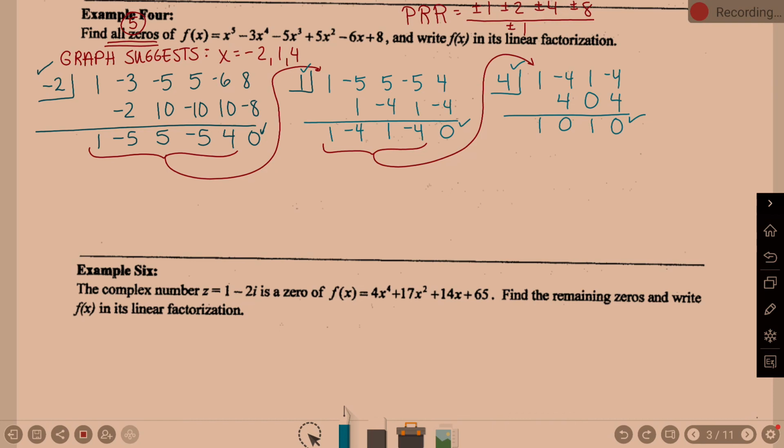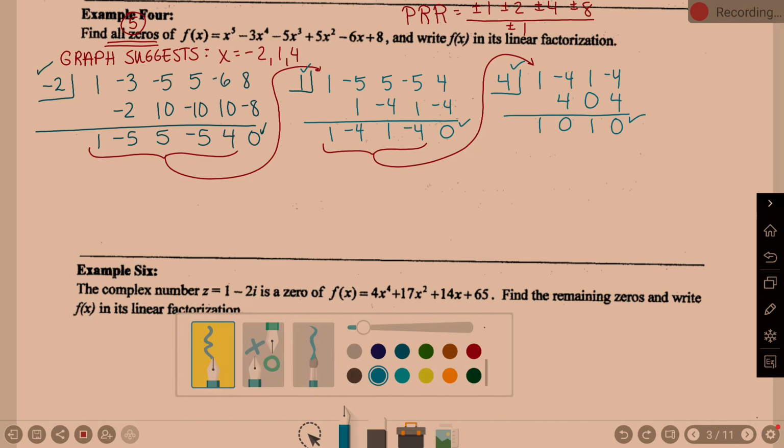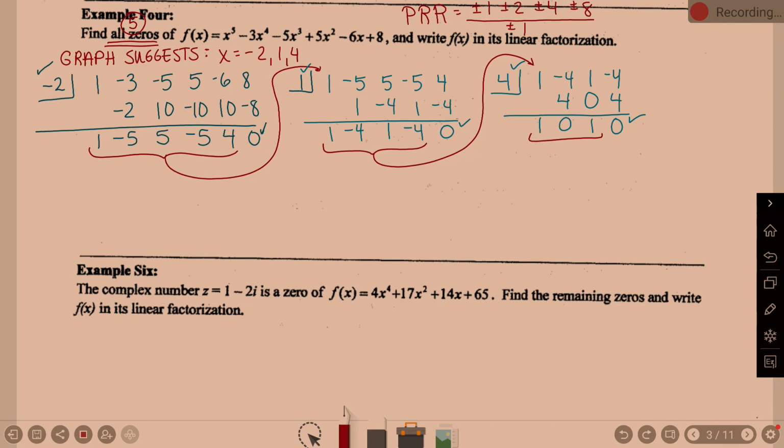Now, we have 3 working zeros. We need 2 more. What does that 1, 0, 1 represent? Coefficients. So it's going to be 1x to what power? 2.